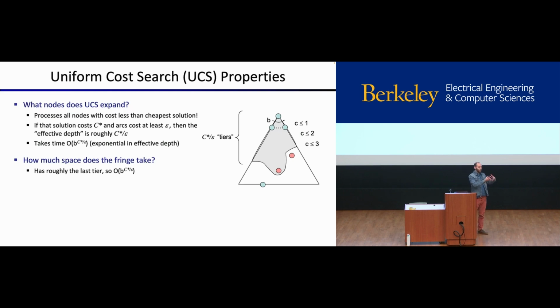And so it's the same thing where you're keeping track of this whole uniform cost tier, and that could get larger and larger and larger as the tree expands. Is it complete? Is this guaranteed to find a solution if a solution exists? Raise your hand for yes. Yes, it is.